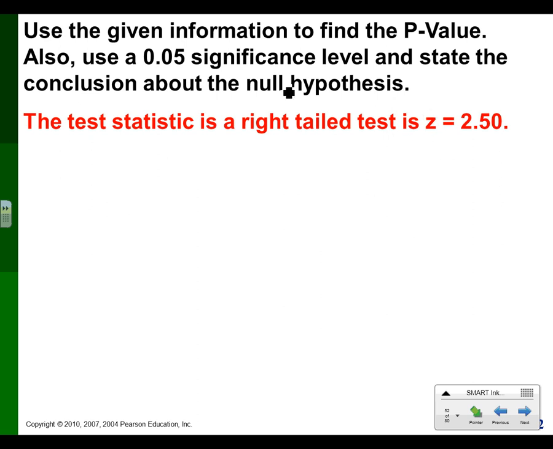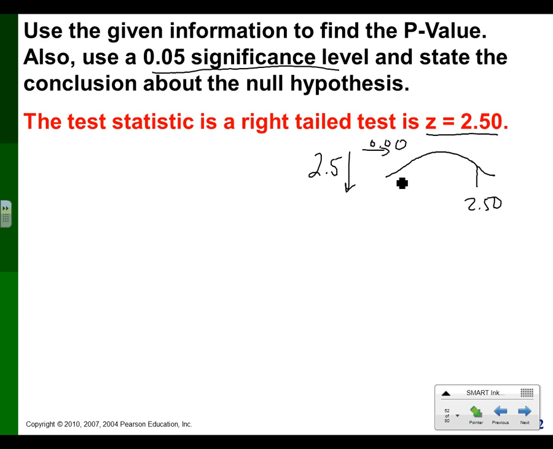So, 0.05 is my significance level. It says the test statistic is z equals 2.50. So we're going to draw what kind of picture? Bell-shaped curve. Where's 2.50 going to go? Right here. So you're going to look up 2.50 in your table. You're going to go down to 2.5, over to the 0.0 column.